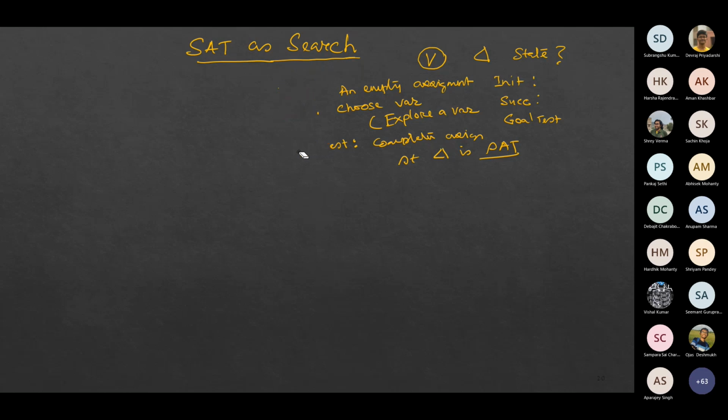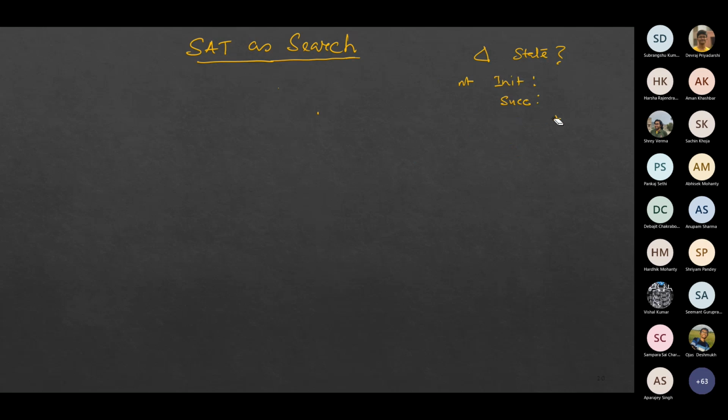So let me try to draw the search tree in our case. We take a very small example and try to draw a search tree. Then we'll try to make it equivalent to something we concluded in the last class. Let's say we have an empty assignment as we have started with, and we pick the first variable to be A, right? What are the values that we can assign to it? Either true or false, right?